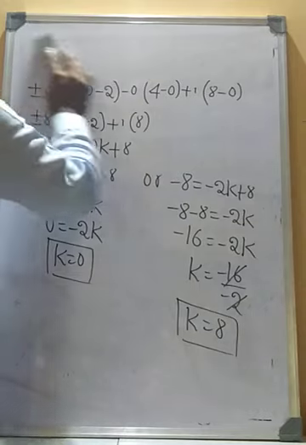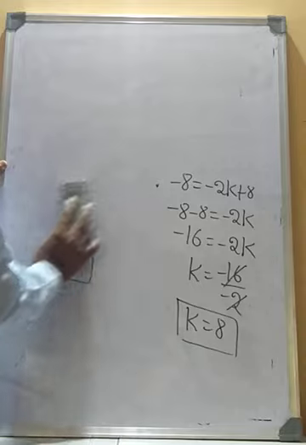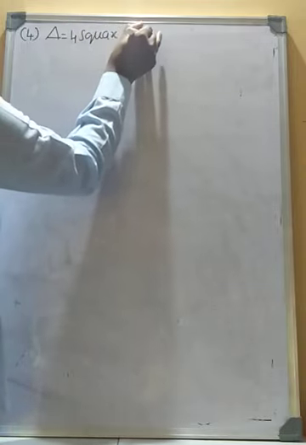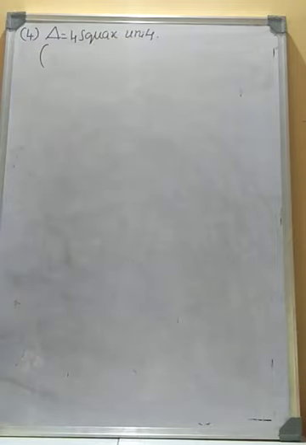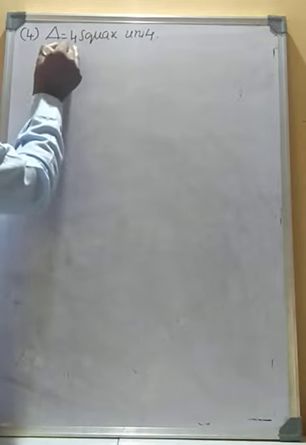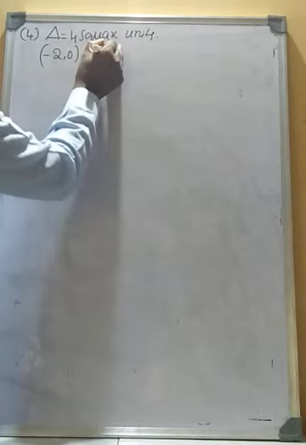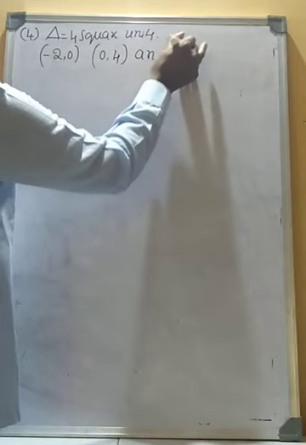Then next, one more example. Find the value of k if the area of the triangle is 4 square units and the vertices are (minus 2, 0), (0, 4) and (0, k).